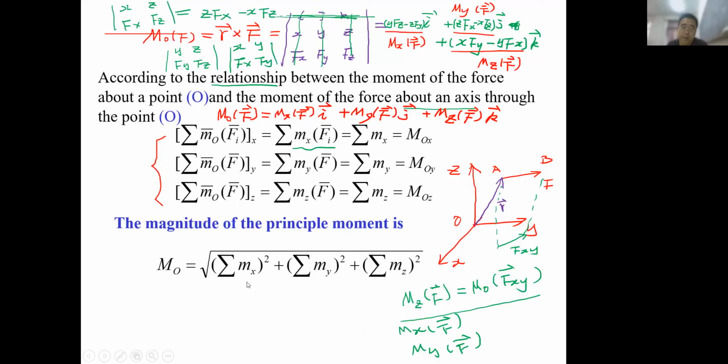So sigma Mx means all the forces have a moment about the same axis. So we need to do its sum and its squared sum, then we can get the principal moment Mo, right?